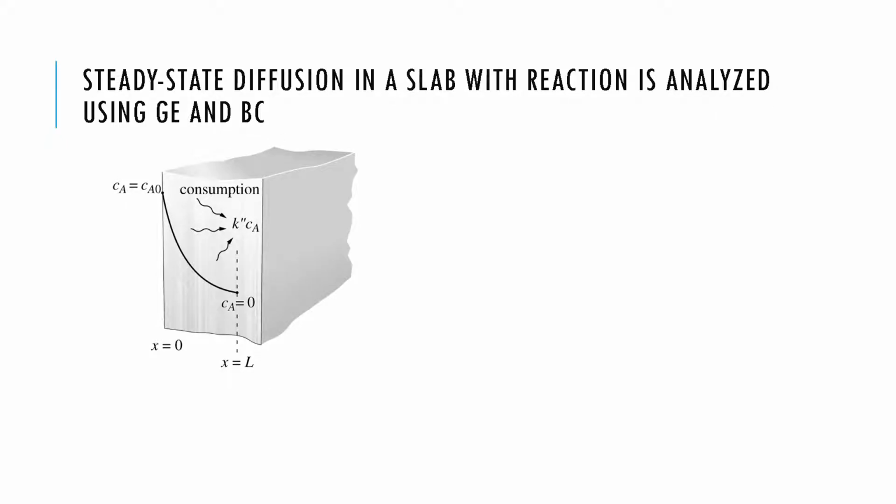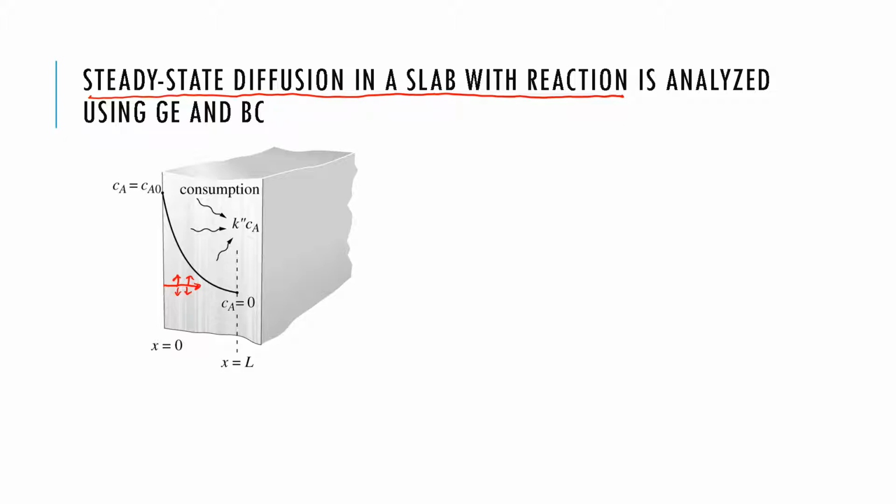Okay, we now do the problem formulation and solution for steady state diffusion in a slab with reaction. So here the species is diffusing and it's simultaneously consumed.